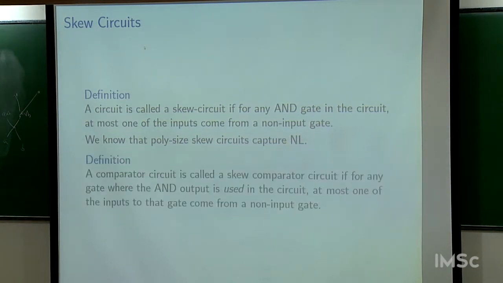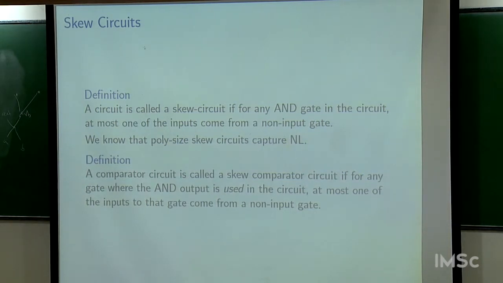So there is a natural way to define skew comparator circuits. If you take any comparator gate where the AND output wire is used in the circuit, then one of the inputs must come from an input gate. Right.